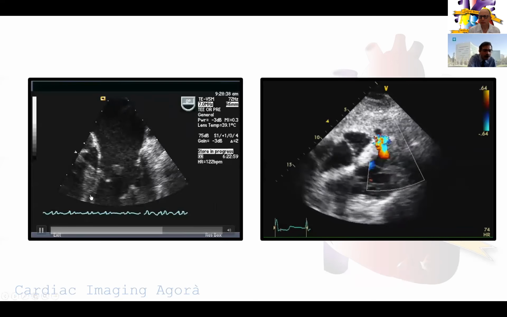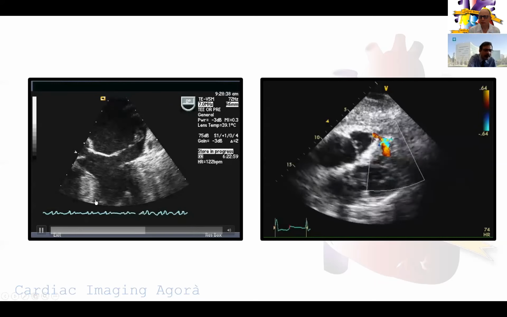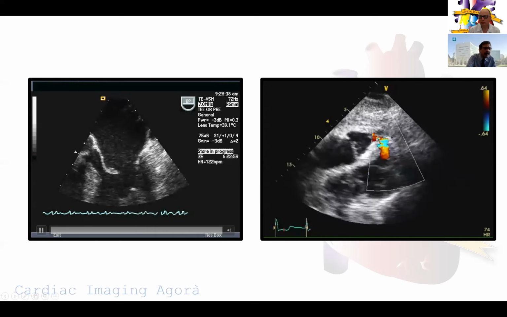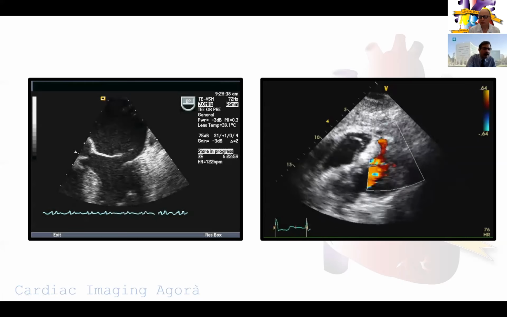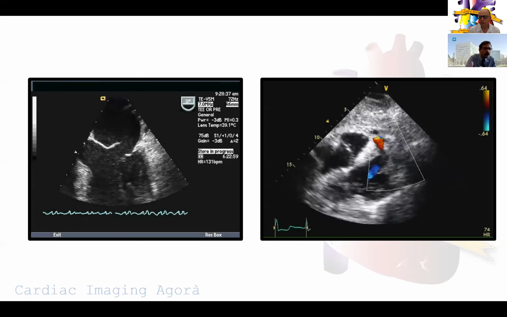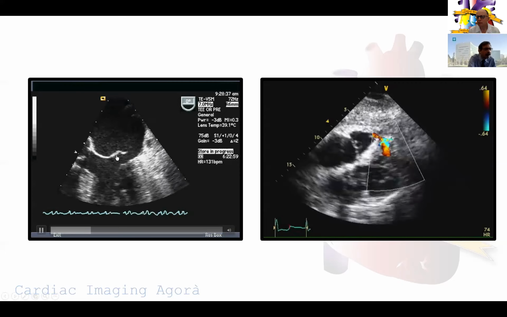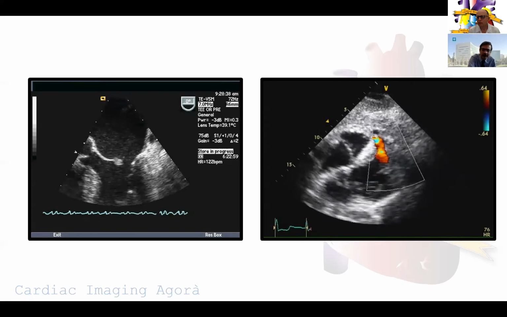The LV function appears hyperdynamic, but what you see is a significant tear of the papillary muscle head. The wall motion abnormality is likely very small in this situation, but you're having an inferior or a circumflex dominant artery infarct that's necrosing a small head of the papillary muscle, causing this avulsion and this acute severe MR that would result in this situation.